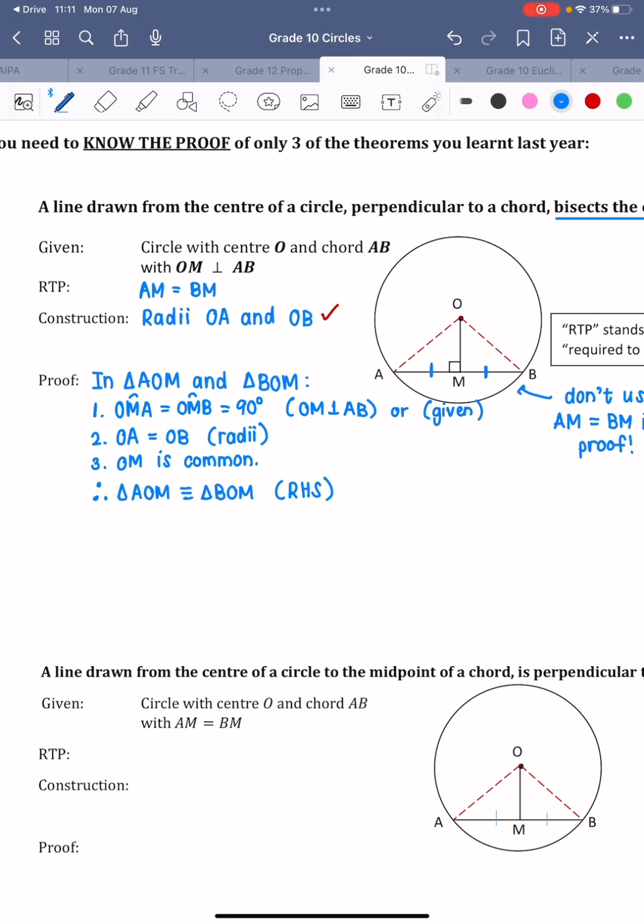All their sides and all their angles are equal. So now we're going to say, therefore, final line of our proof, what was required to prove, AM is equal to BM, and the reason for that is congruent triangles.